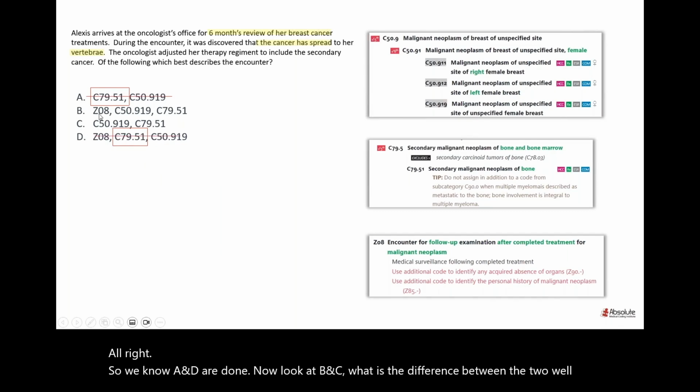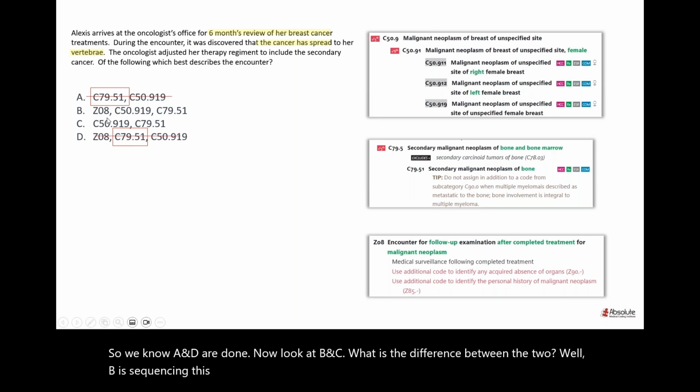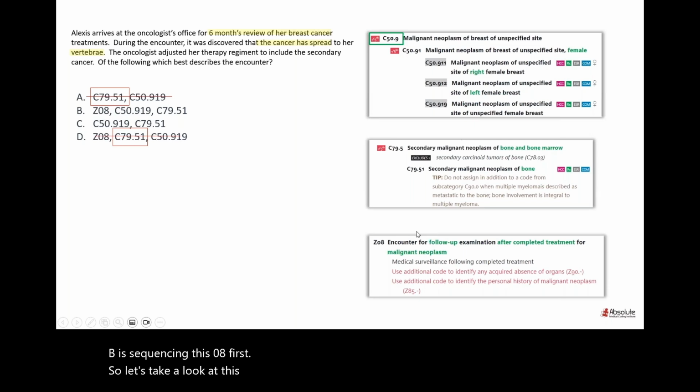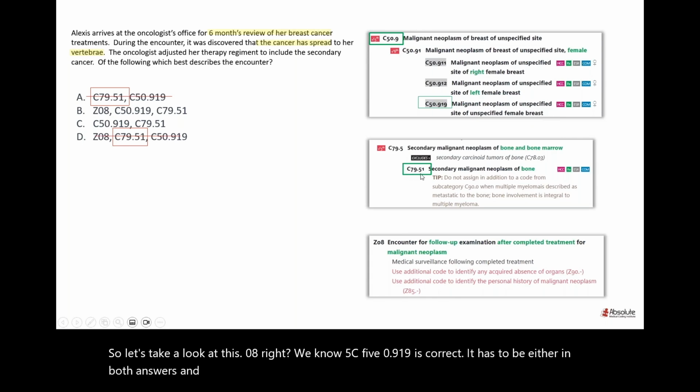Well, B is sequencing this Z08 first. So let's take a look at this Z08, right? We know C50.919 is correct. It has to be there in both answers. And C79.51 is also correct.